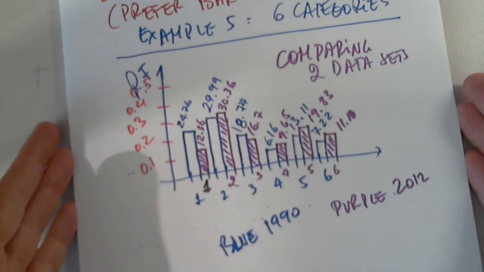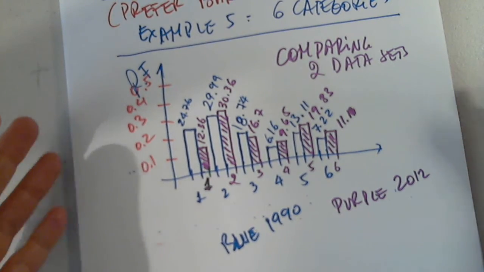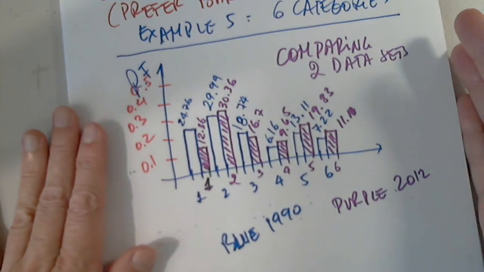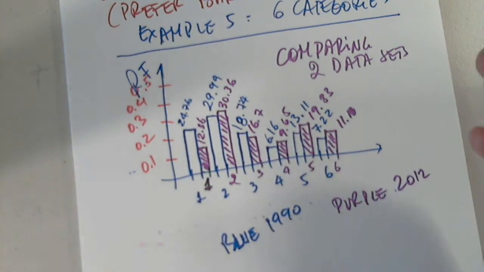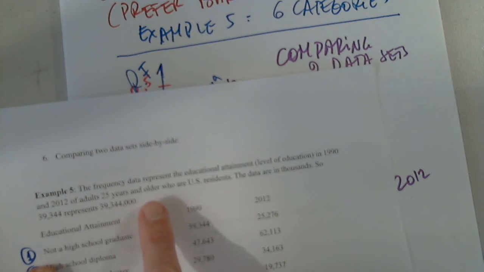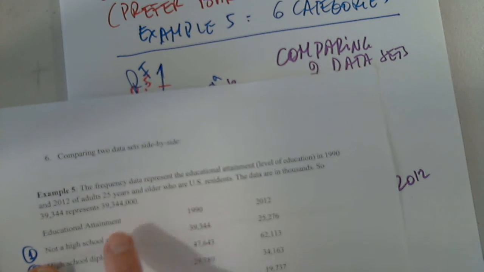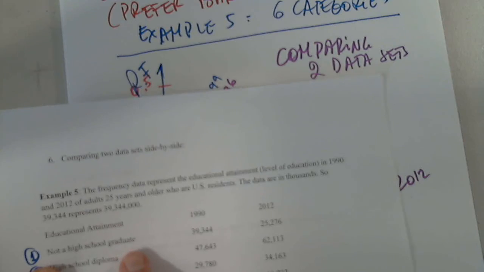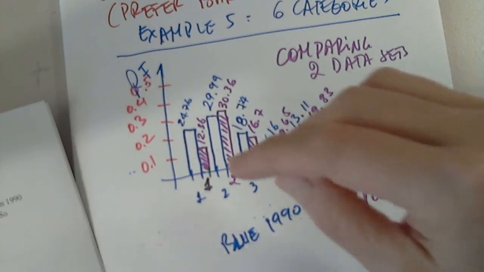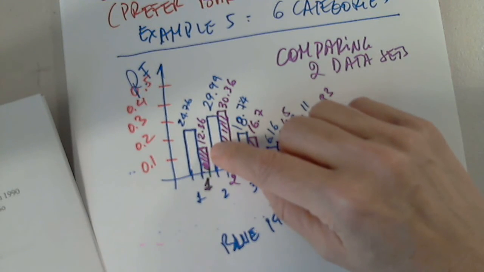So what would you say? It appears that over the span of 22 years, from 1990 till 2012, what happened here? 25-year-olds and older not having a high school graduate degree, didn't graduate from high school.